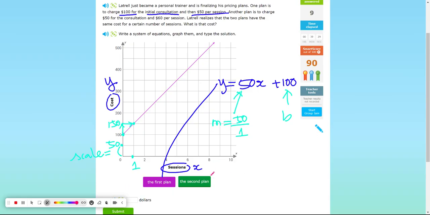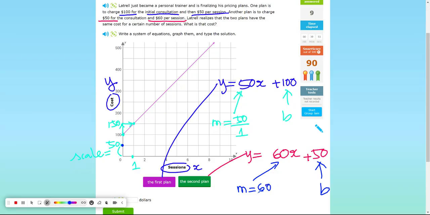For the second plan right here, y equals... the second plan charges $50 for consultation, so 50 in the back, and then $60 per session. So 60. Here we go. Let's do the graphing. Start at 50, that's the b, and I go to 50 right here. My slope m equals 60 over 1.